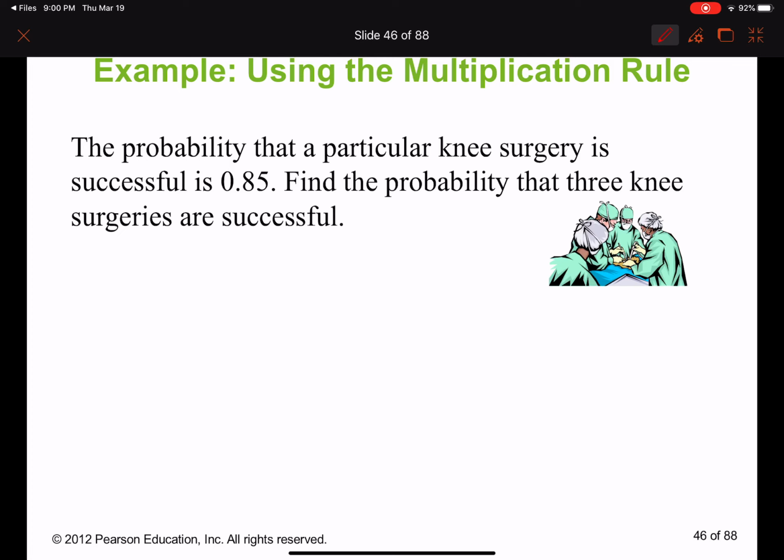First surgery success is 0.85, second surgery success 0.85, third surgery success 0.85, and we multiply all 3 of them.